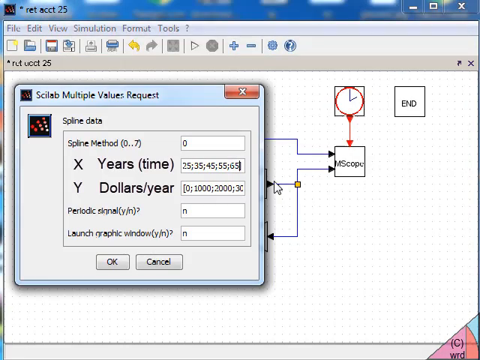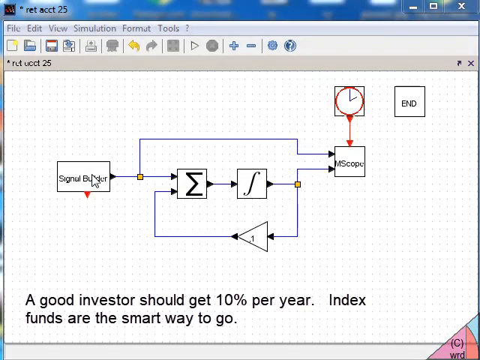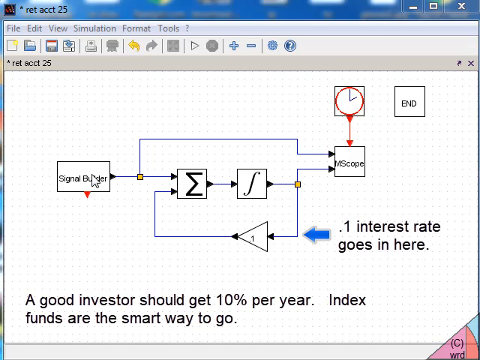Inside Signal Builder, we check our X's, which are our time start points. We check our Y's, which are our investment rates, on a per-year basis. Our saver is a careful investor and should get 10% a year. She has heard that index funds are the way to go. We put 0.1 per year growth into the arrowhead feedback gain block.